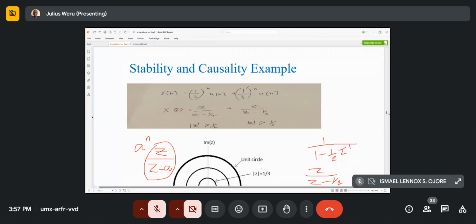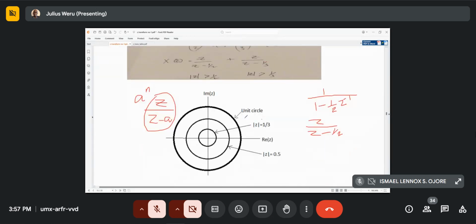And of course, the other one is z over z minus a third, where the magnitude of z must be greater than a third. So we have to plot the ROC, and it must be the common ROC.